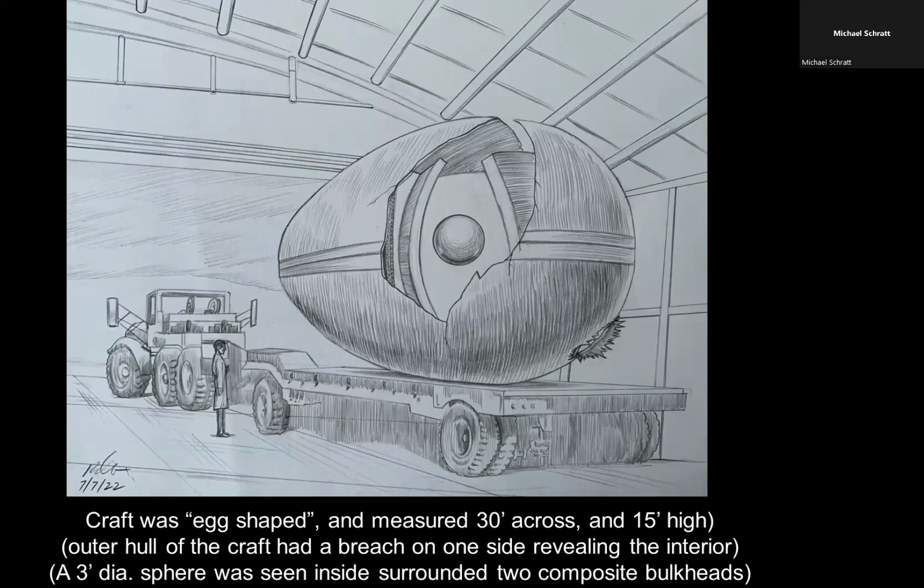And he got an interior view of what it looked like on the inside. And he said that at the very core of this craft was about a 3-foot diameter sphere. At the forward section of this egg-shaped craft, there was a bulkhead that had kind of a composite material. And then surrounding the outer circumference of this 3-foot diameter sphere was another bulkhead that wrapped around and followed the curvature of the sphere itself.